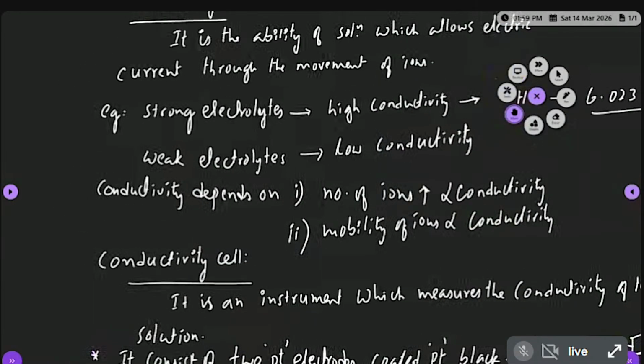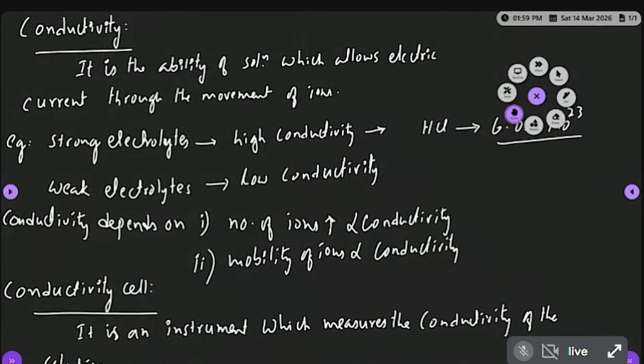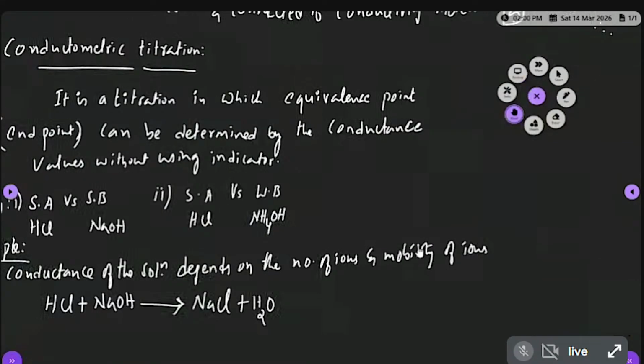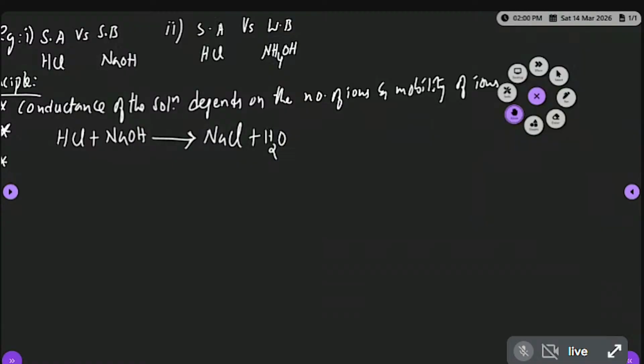Strong electrolyte, high conductivity, HCl. It is a strong electrolyte, means it has Avogadro number of ions, or maximum number of ions, so that it has maximum conductance, right?